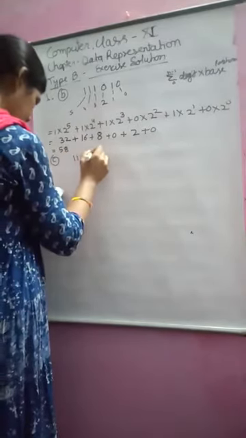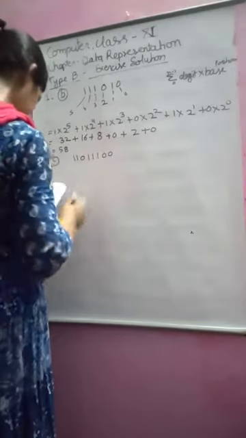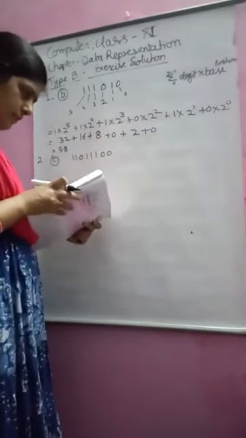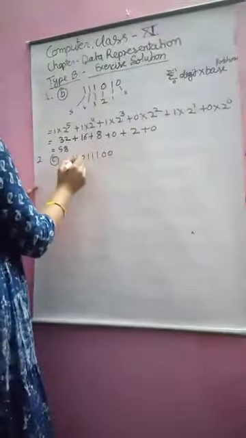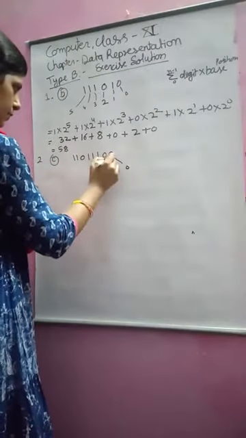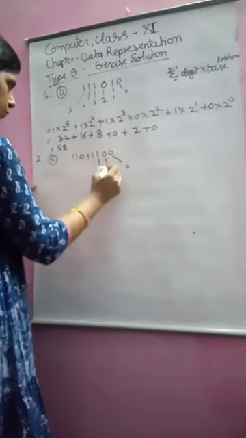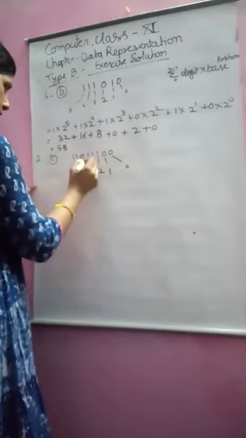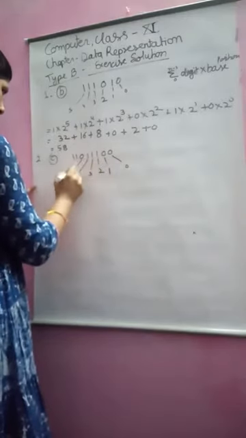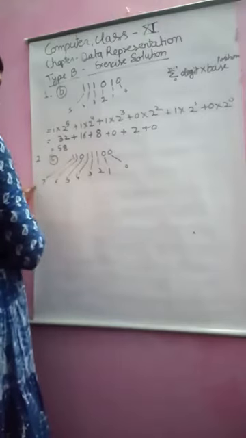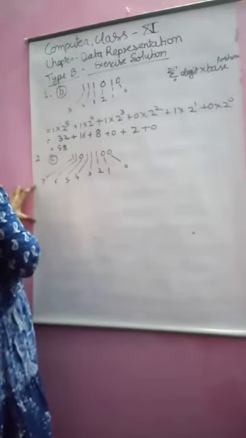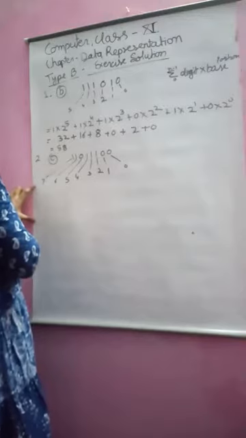110 111 00. Convert it to decimal. Same work. Positions 0, 1, 2, 3, 4, 5, 6, 7.